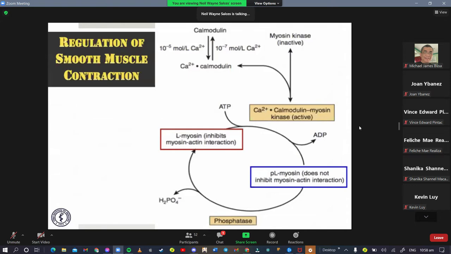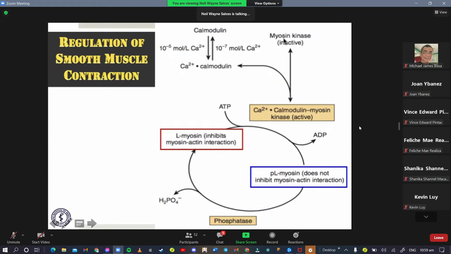So here, this figure shows us the regulation of your smooth muscle contraction by your calcium. Take note that your PL myosin is the phosphorylated light chain of the myosin, and your L-myosin is the dephosphorylated light chain. Smooth muscle sarcoplasm contains the myosin light chain kinase that is calcium dependent.